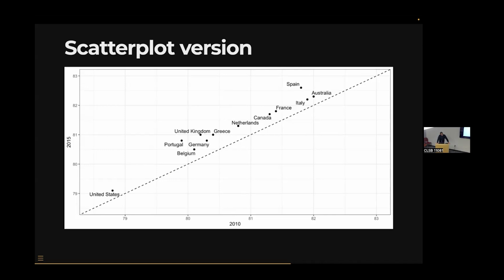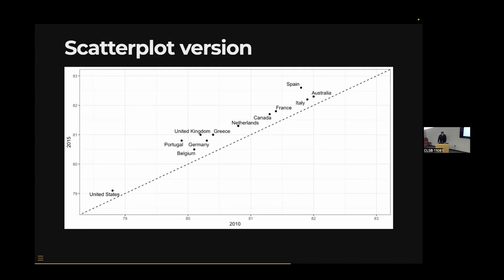I would say it's probably more common than not that you want to make a Bland-Altman plot over a scatter plot. And that's because what we care about is the difference, if that's our main interest.